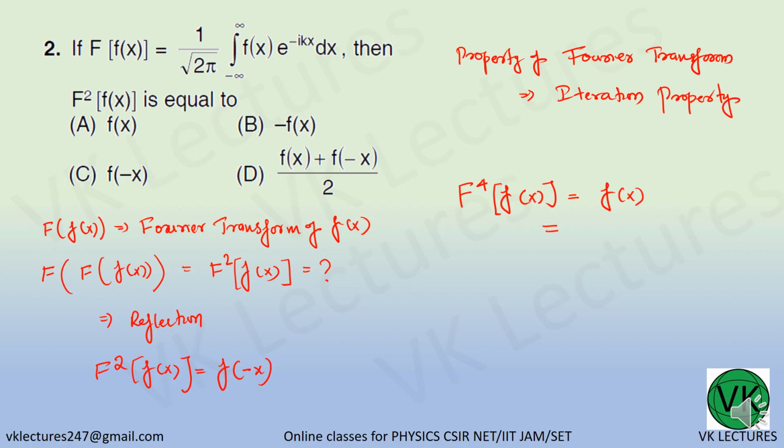One is F square of f of x equal to f of minus x, and F to the power 4 of f of x equal to f of x. These are the two iteration properties of the Fourier transform.